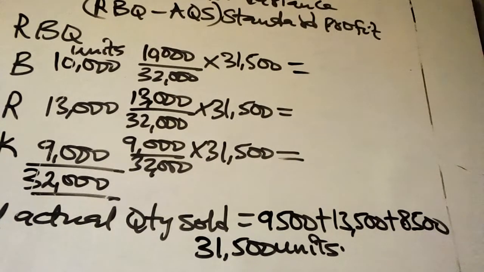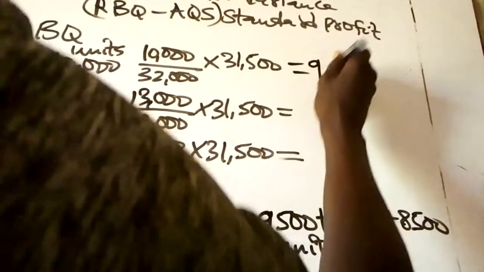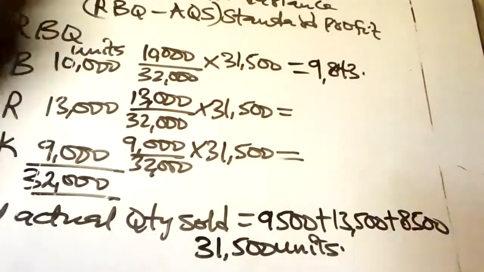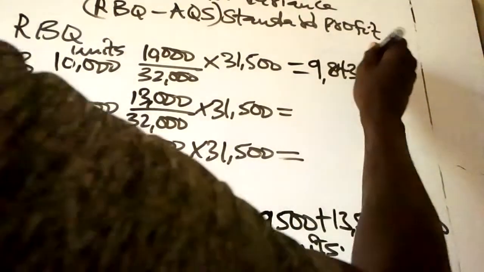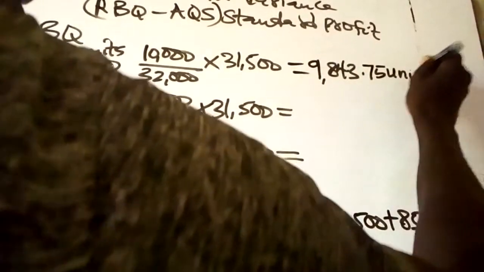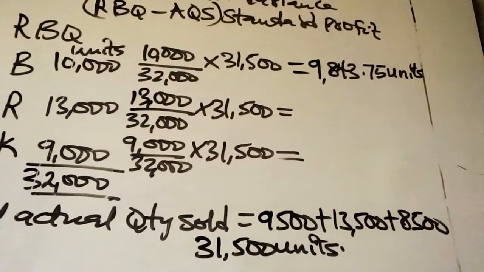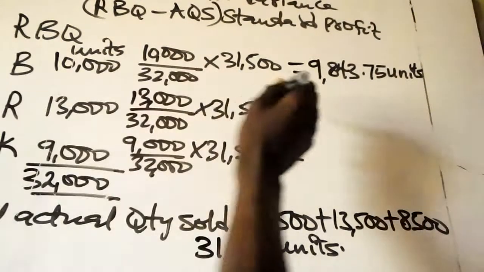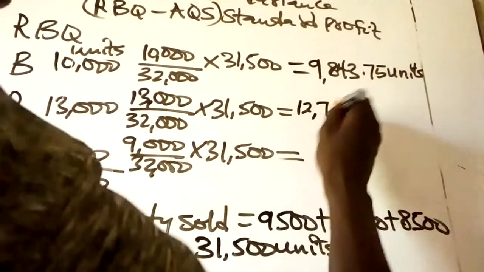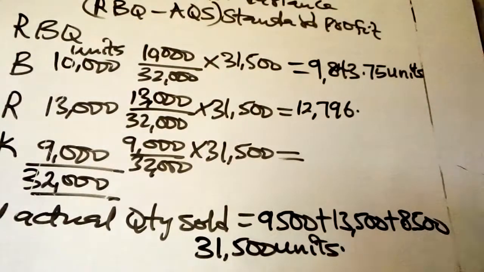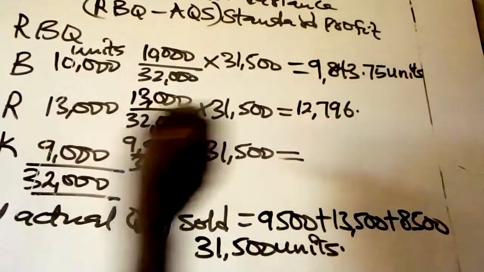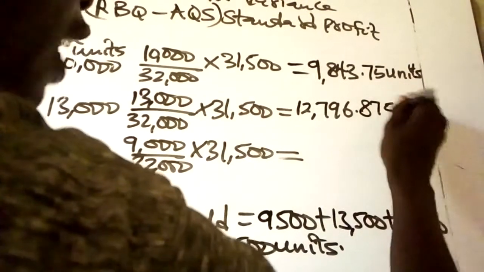That is our revised budgeted quantity. For product B, we have 9,843.75 units. For R, we have 12,796.875 units.